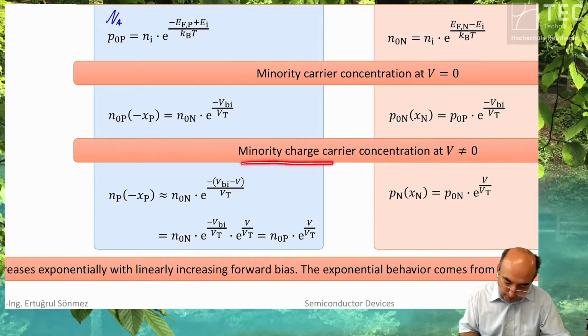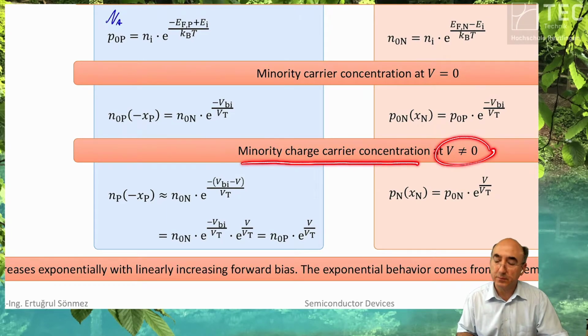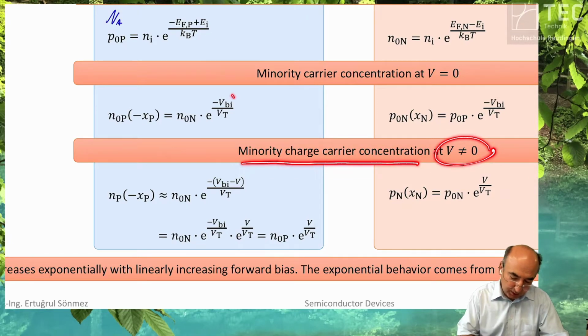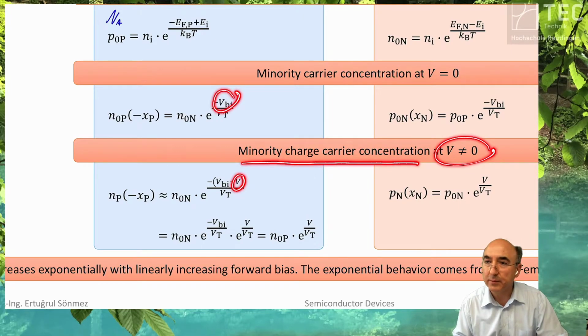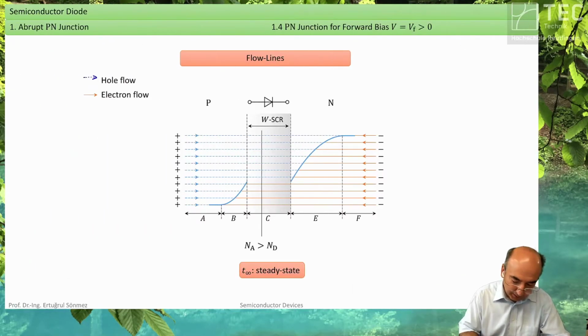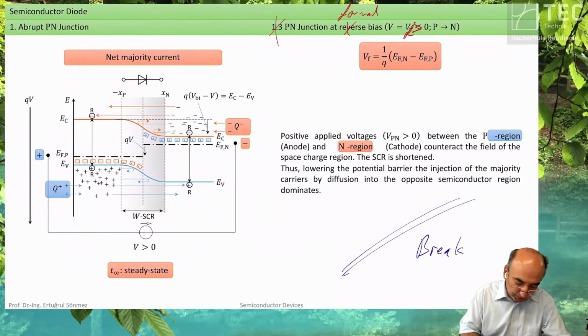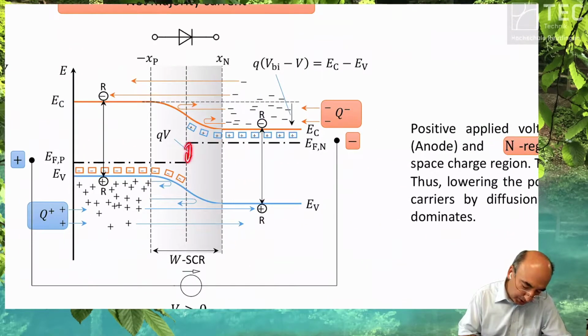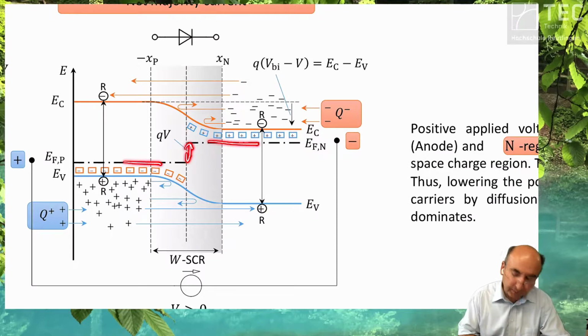Let's take a look at the minority carrier concentration with applied bias. That's the same, but with the voltage we apply. What happens if we apply a certain voltage? If we apply a certain voltage, we separate the Fermi levels, and we change thereby this voltage, this voltage.